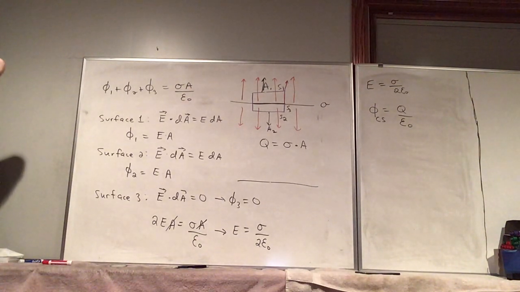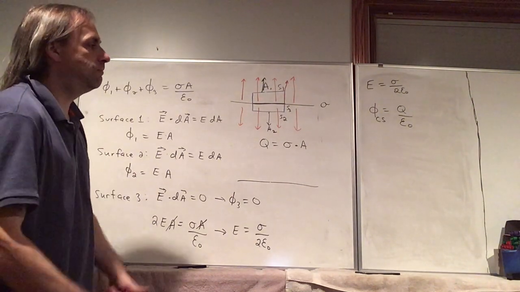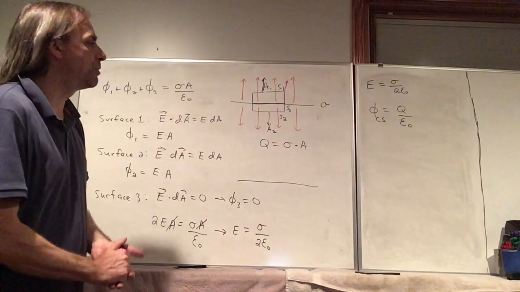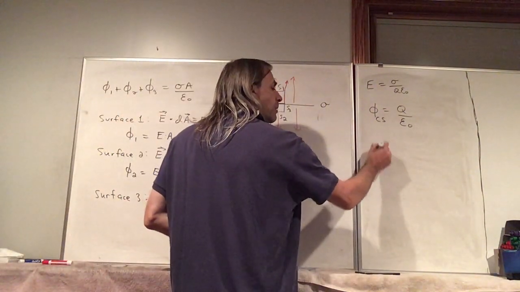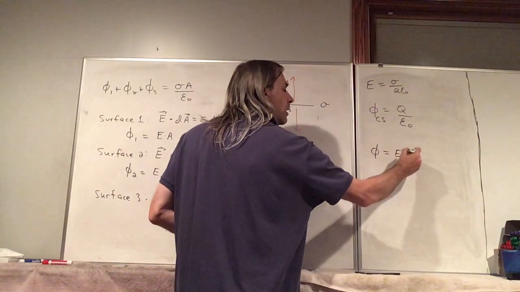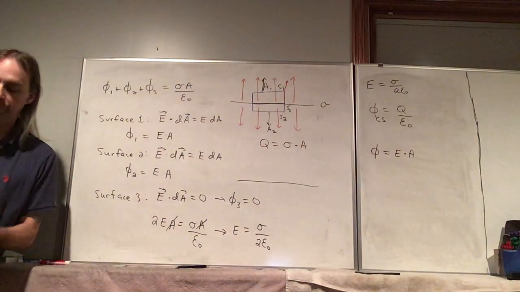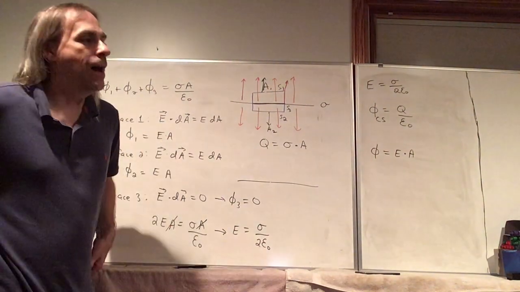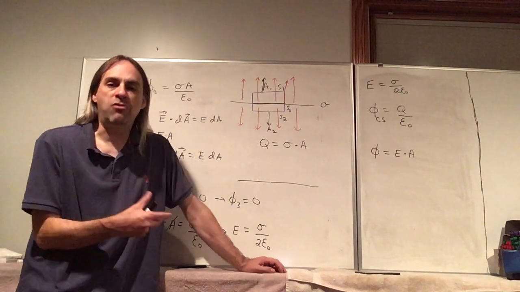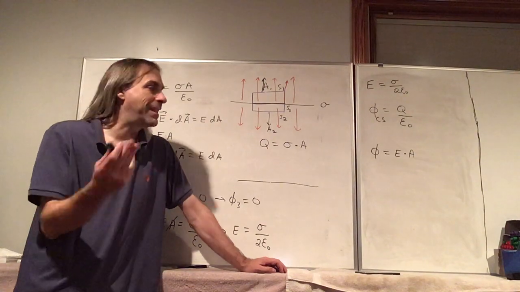Now, I do want to just have one warning about Gauss's law. Like in these examples we used, we usually end up with this result that the flux through some surface is going to end up being the electric field times the area. Now, how often does this occur? In general, the probability of this occurring is virtually 0. It almost never happens.